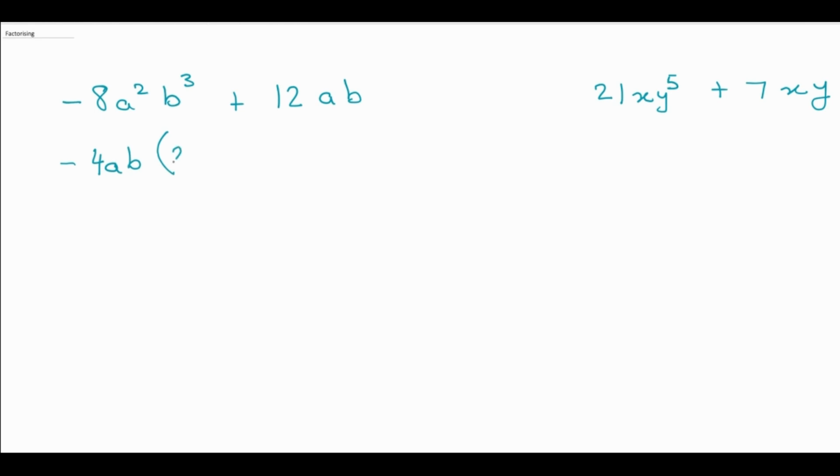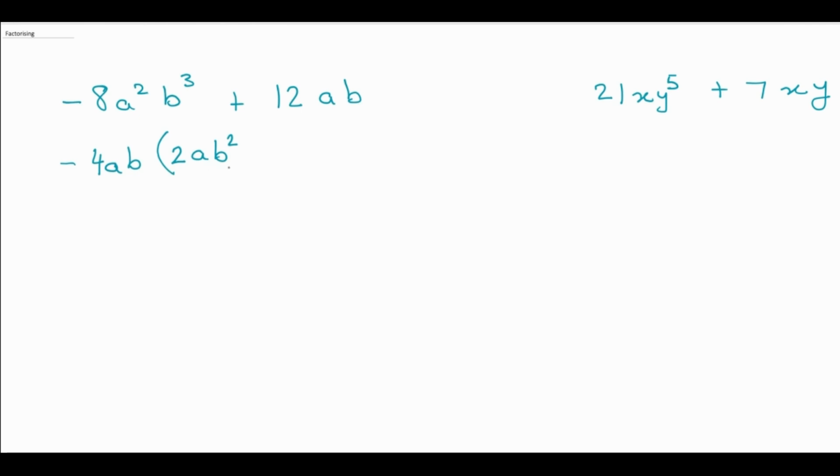We know 4 times 2 will give us 8. A times what will give us a squared. We know a times a will give us a squared. And then b times what will give us b to the power of 3. B times b squared will give us b to the power of 3. And that's our first term done inside the bracket.